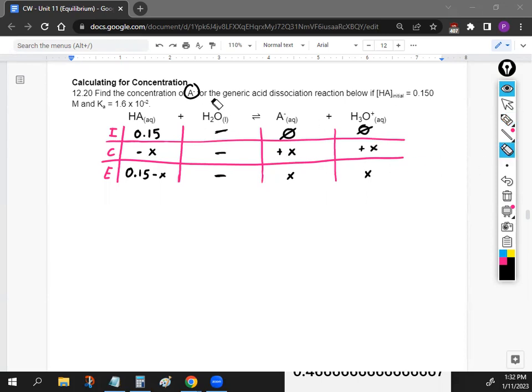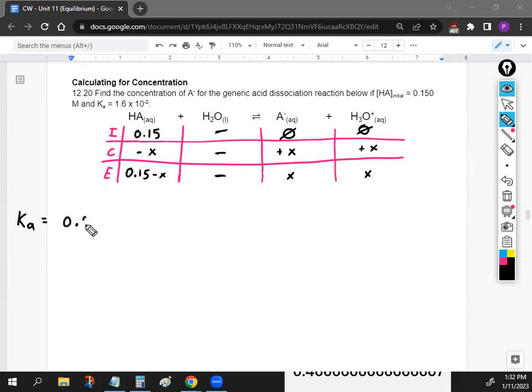So math. The only number that we have left to work with is our Ka, our equilibrium constant. That's gonna be 1.6 times 10 to the negative 2. Now, I hate working with the exponent, so if I can help it, I'd rather not use it.